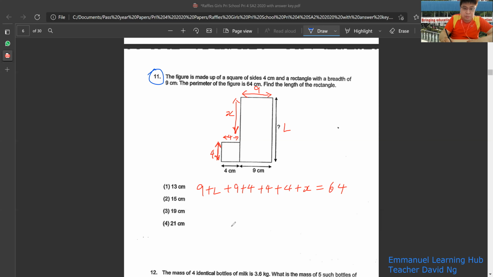Do you agree? Yes or why not? Oh, yes, the perimeter is 64.